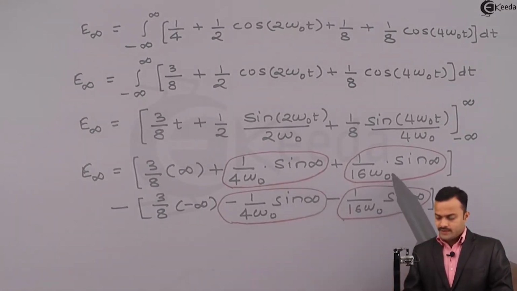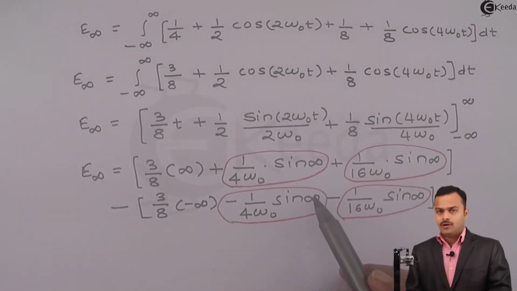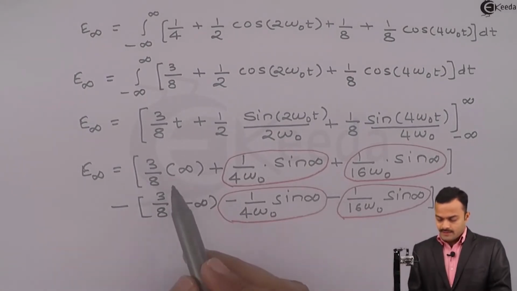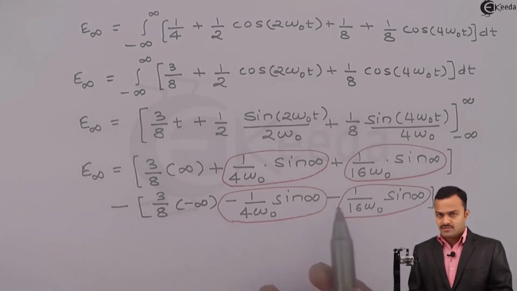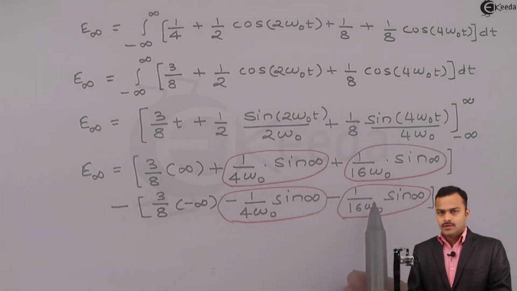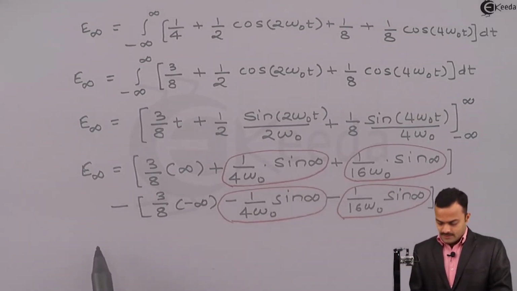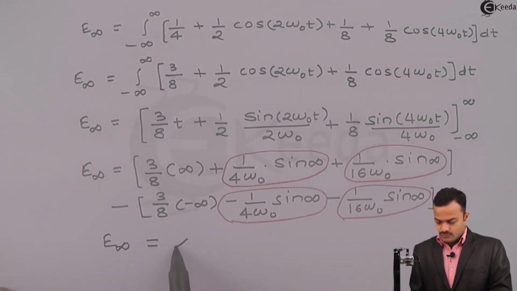Meaning, all these finite values ultimately give you a finite number, but here is an infinity and minus minus infinity becomes infinity. So in the end, infinity gets added with infinity plus a finite number. So lastly, this equation tends to or becomes equal to infinity.